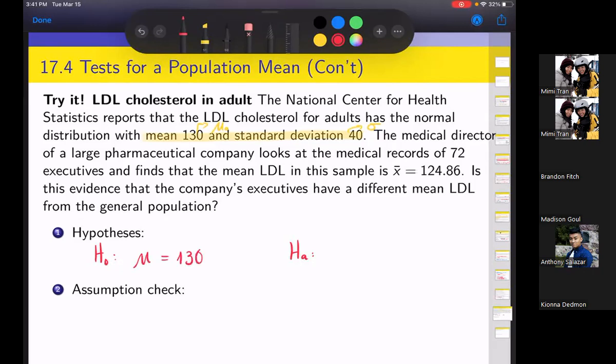What about HA? Anyone brave enough to tell me what HA equals? He said different. He didn't say greater than or less than, not implying less than or greater than. So when you hear different, it's implied to be a difference, so it's going to be 2 tails here.